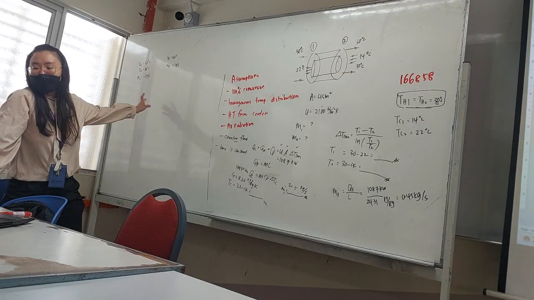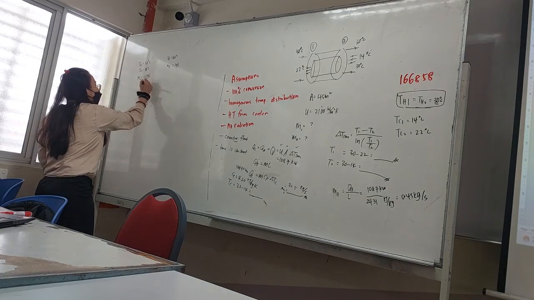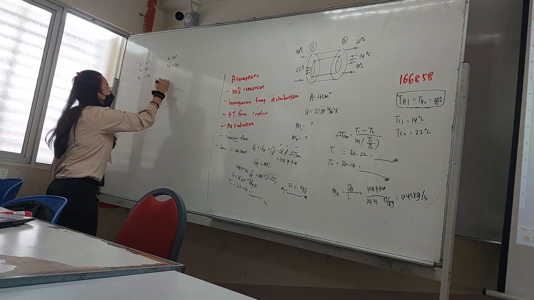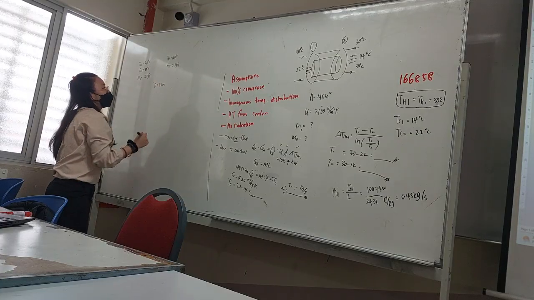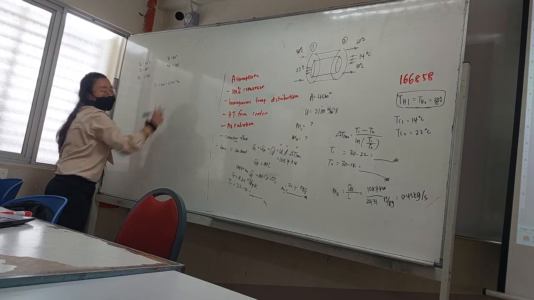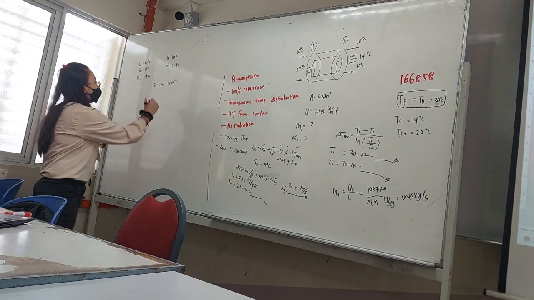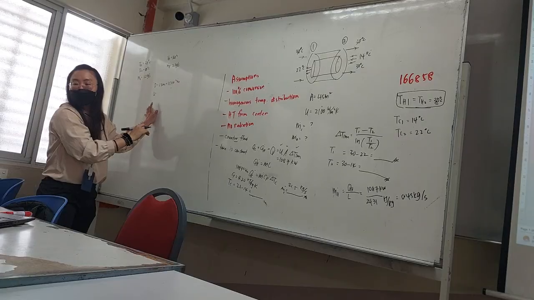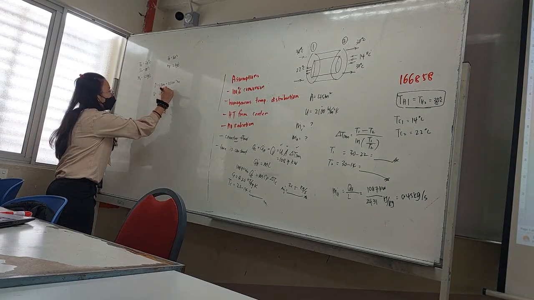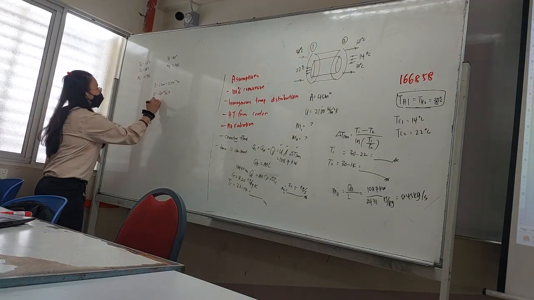Okay, inner tube, so the diameter of the inner tube they give you is 1.5 centimeter. The overall U value they give you is 640 watt per meter square Kelvin. So now they want you to calculate the L.